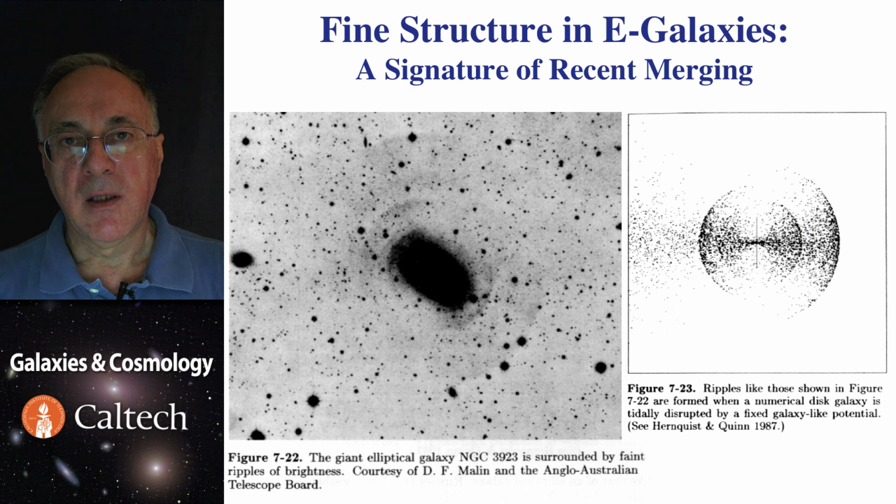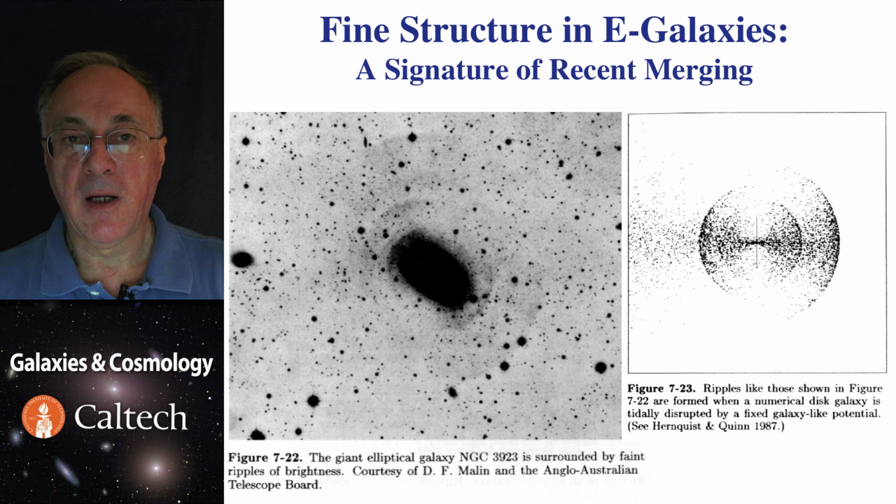We do see a signature of mergers in ellipticals, and a particularly interesting one is so-called shells. If you turn the contrast up in some of the elliptical galaxies, you see these shell-like structures at outer radii. And now we think we know where they come from.